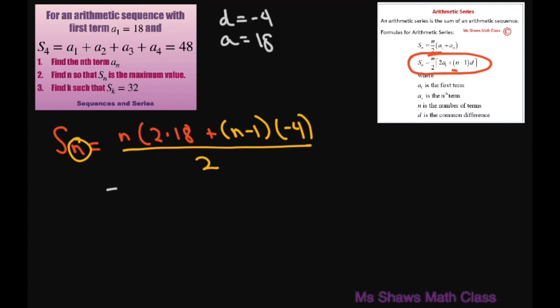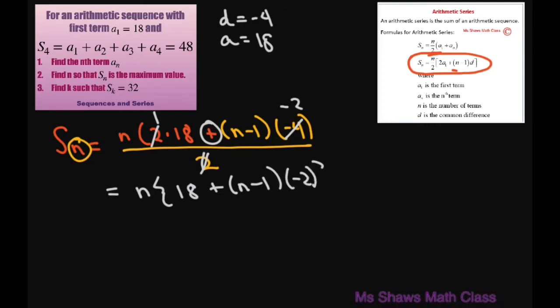Since there's a plus sign here, I can take the 2: 2 goes into that 2 one time, and 2 goes into this negative 4 negative 2 times. So I can simplify this and write it as n times 18 plus n minus 1 times negative 2.